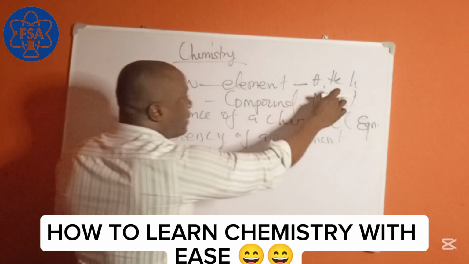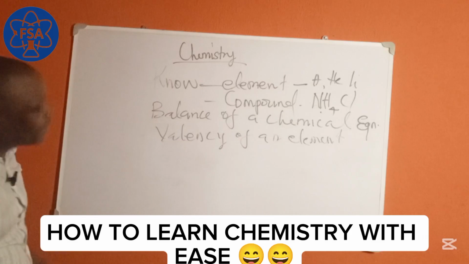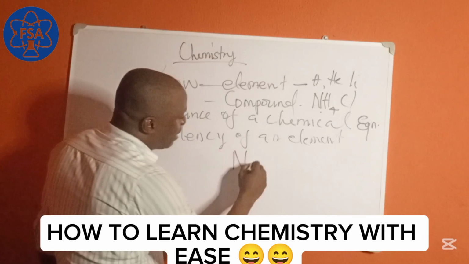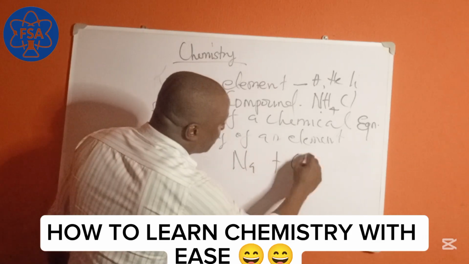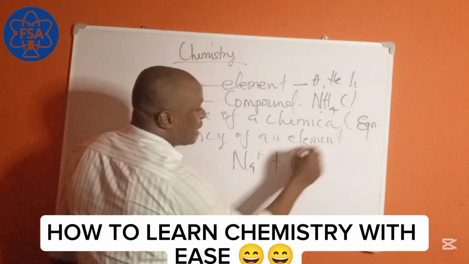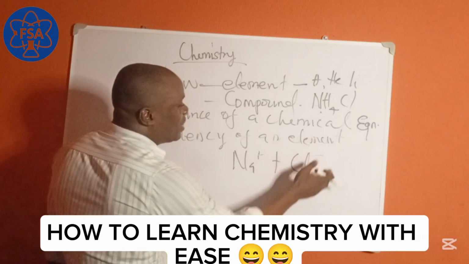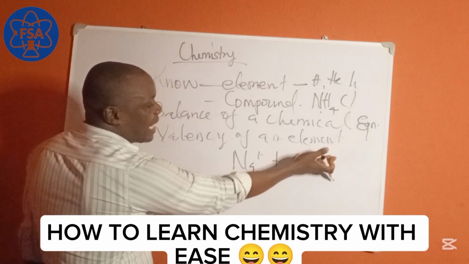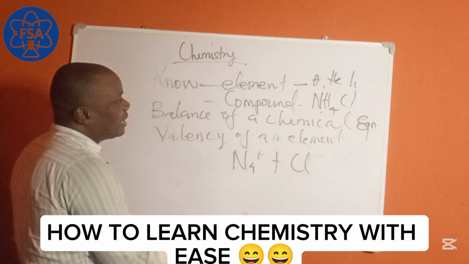Once you can identify what makes up this compound, for example, you have sodium plus chlorine. You see that this is positive and this is negative, which means this one is looking for an electron, accepting an electron, and this one is donating an electron.